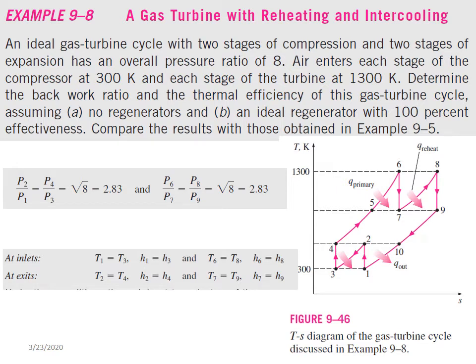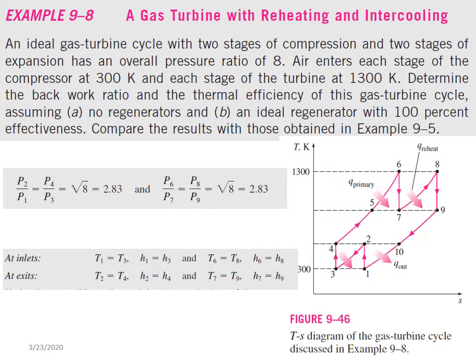Determine the back work ratio and the thermal efficiency of this gas turbine cycle, assuming part A, no regenerator, and part B, an ideal regenerator with 100% effectiveness. Compare the results with those obtained in example 9.5.